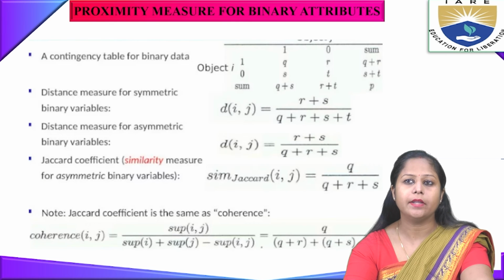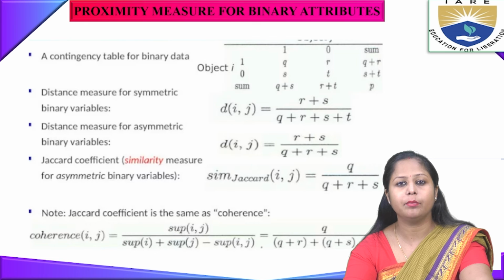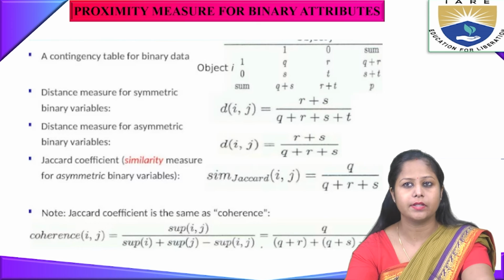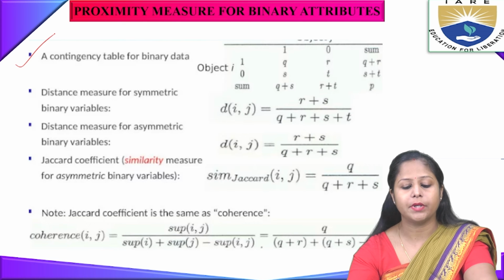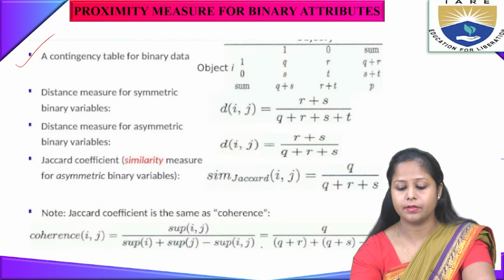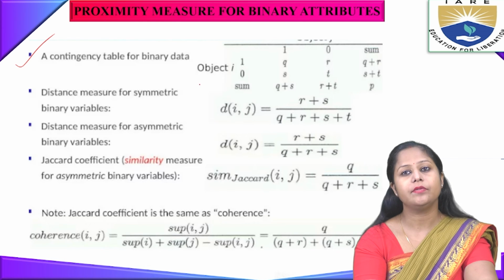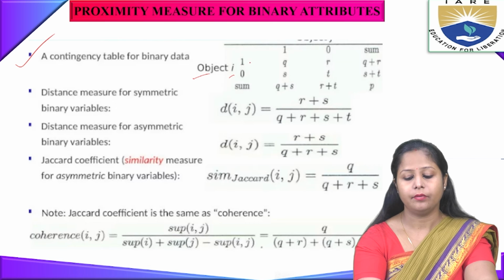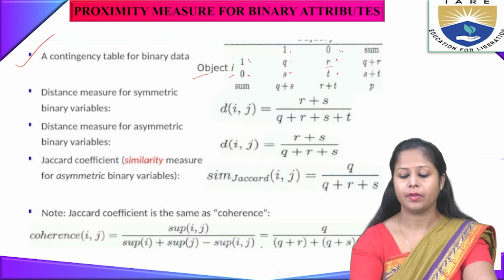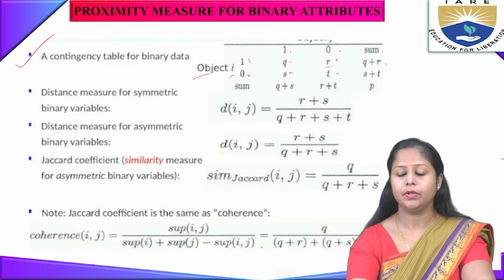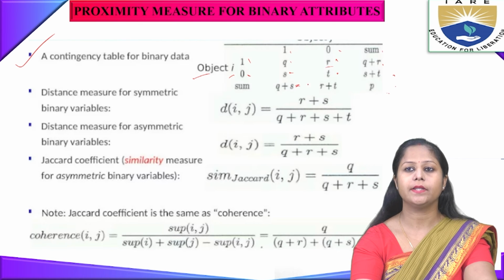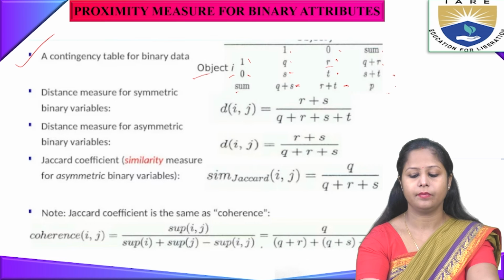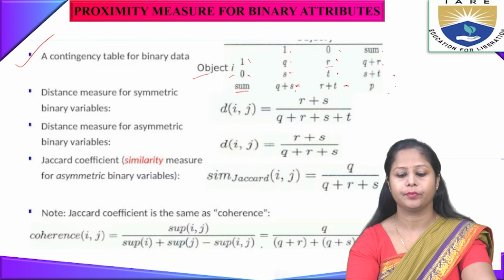Proximity measure for binary attributes. If we have binary data points, there are some formulas to calculate that. So a contingency table for binary data, in which we have object i and object j, with entries q, s, r, t, and also the sums q plus r, s plus t, and p, here q plus s, r plus t, and the sum of all.